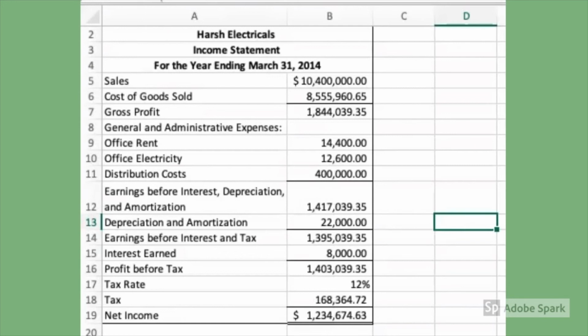Once we multiply this by their 12% tax rate, we get an income tax amount of $168,364.72. Once we deduct this from our profit before tax, we finally get our net income of $1,234,674.63.